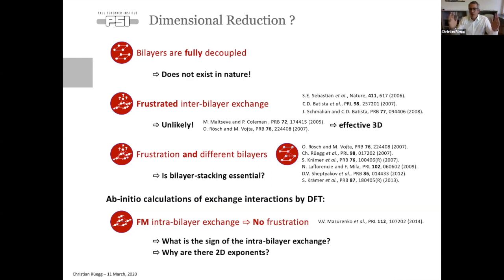Normally we do understand if something is a ferromagnet or an antiferromagnet. But in that particular case, you will figure out that this was not the case. Here, ab initio calculation showed that actually the exchange in the dimer should be antiferromagnetic, but those between the dimers should be ferromagnetic. And that was a big surprise.